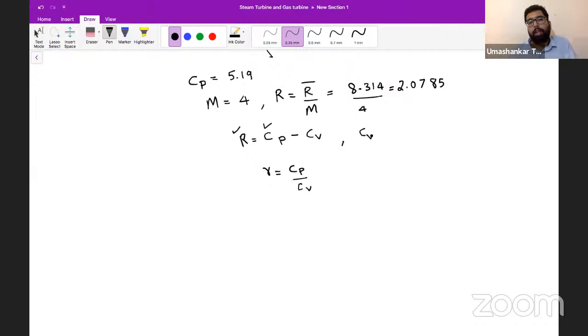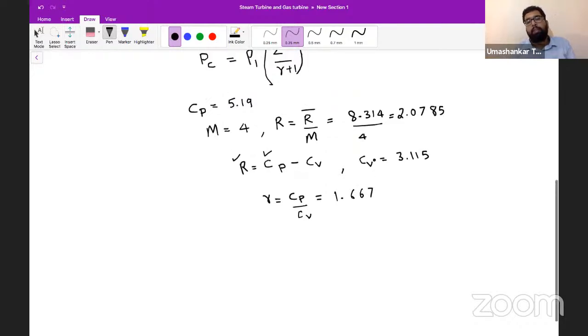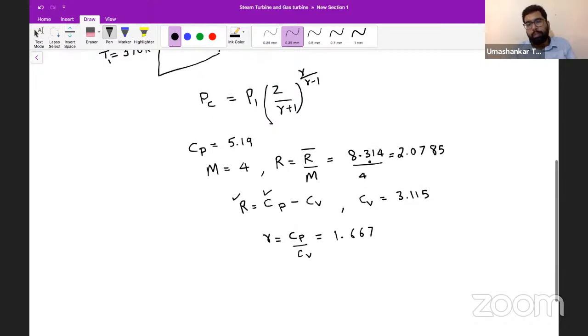So just put the values of Cp and R here, and we get Cv as 3.115 kilojoule per kg. Putting the values of Cp and Cv, the value of gamma comes out to be 1.667. The live students can check the calculation with me as well.